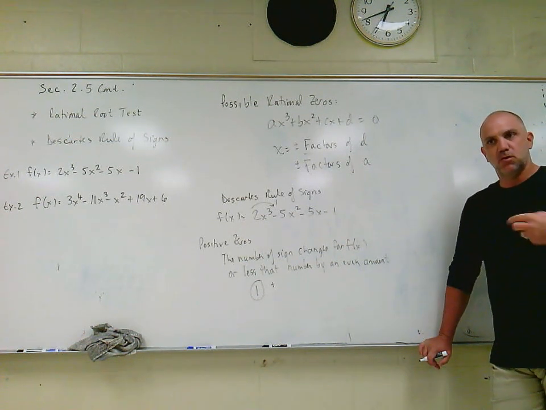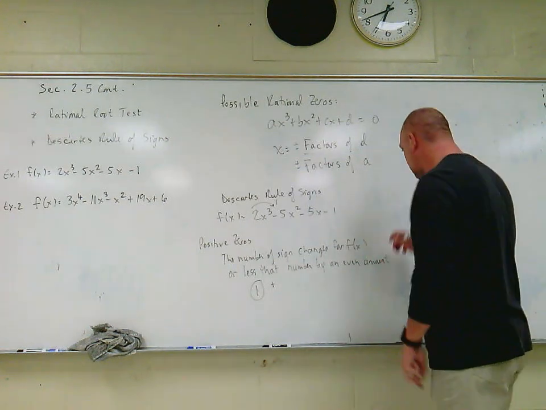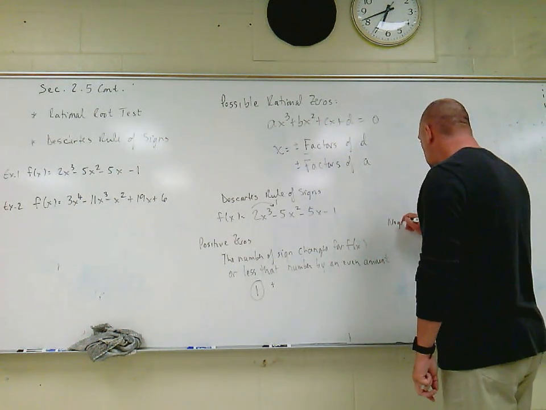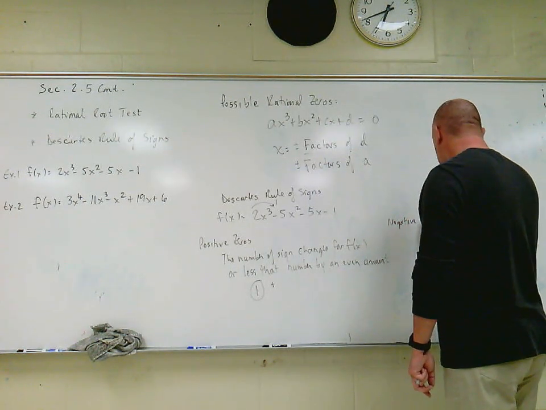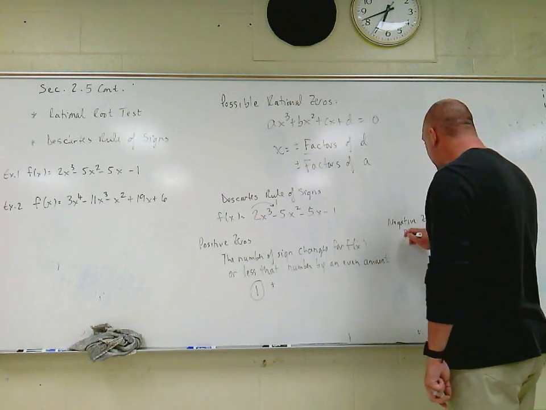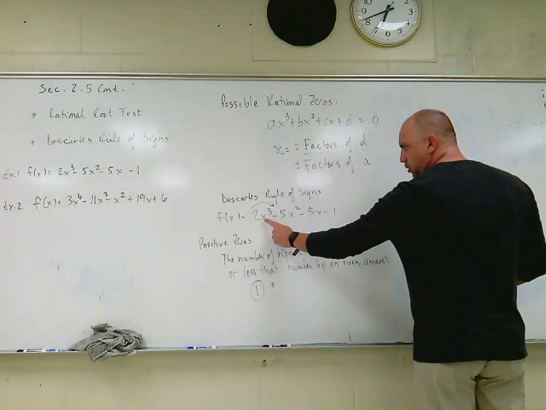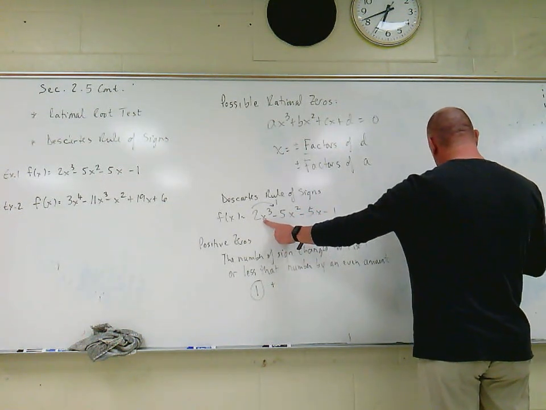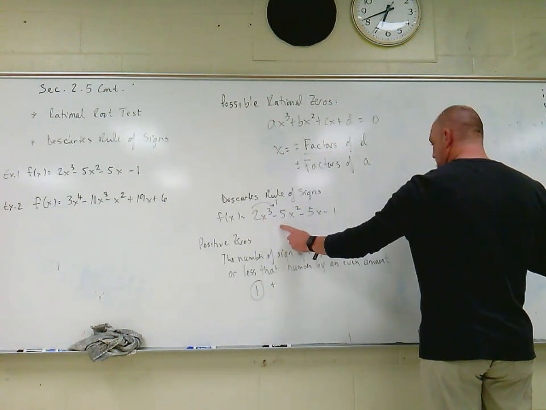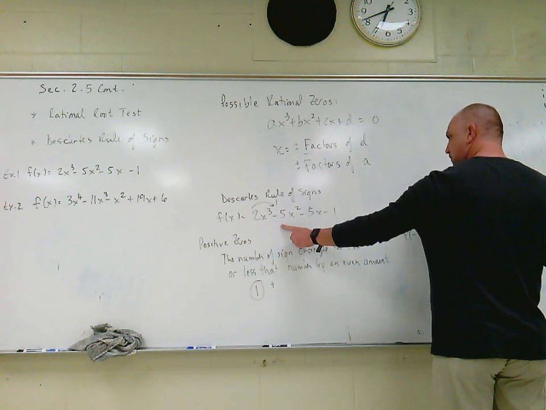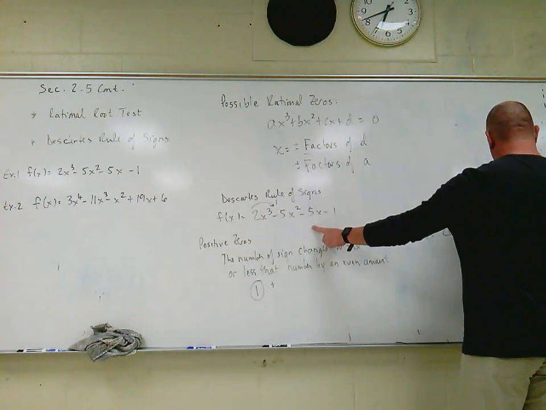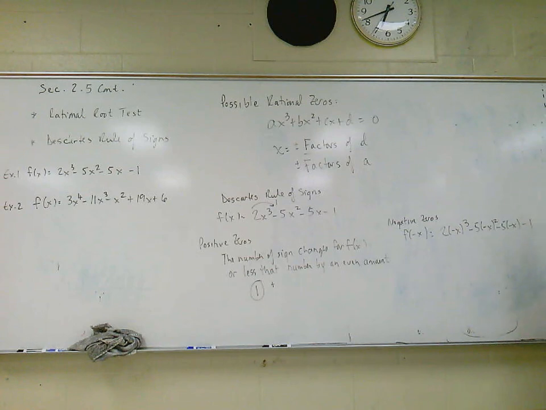All right, and then we do this for negative zeros. First find f of negative x. So just plug in a negative x real quick and see what happens to the sign. When you plug in a negative to an odd degree, what's going to happen to the negative?